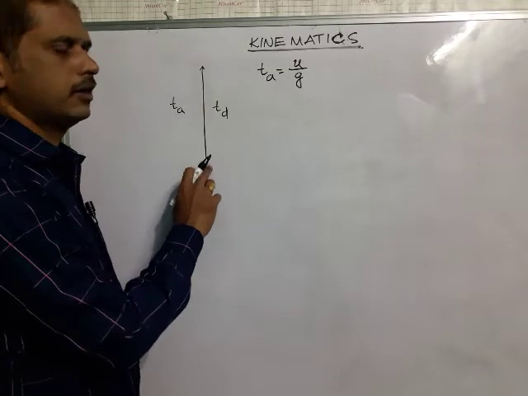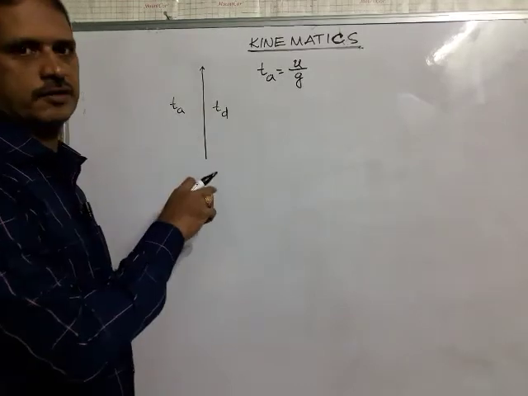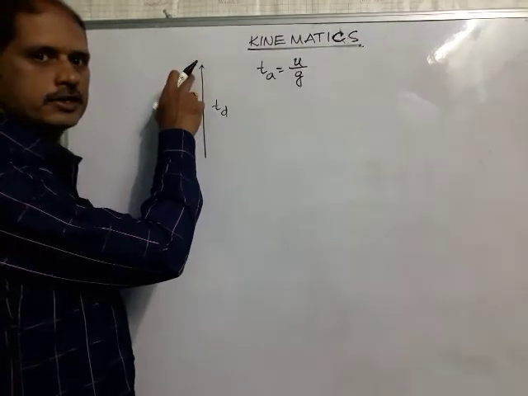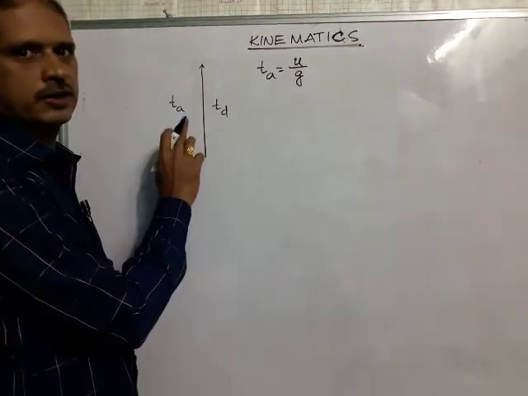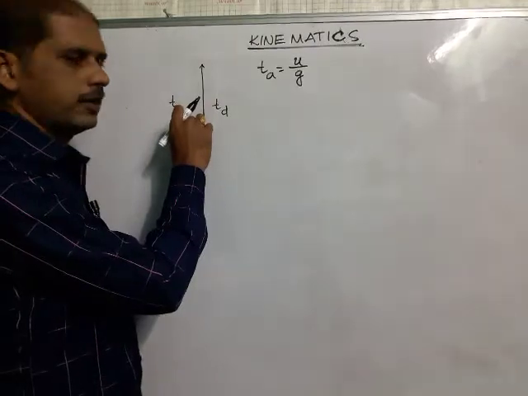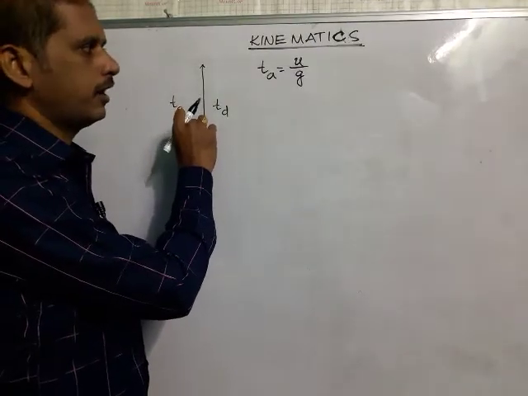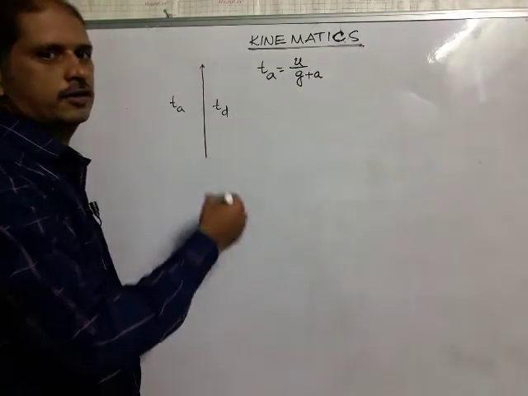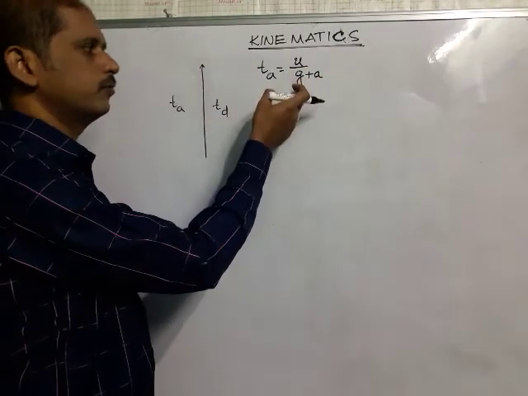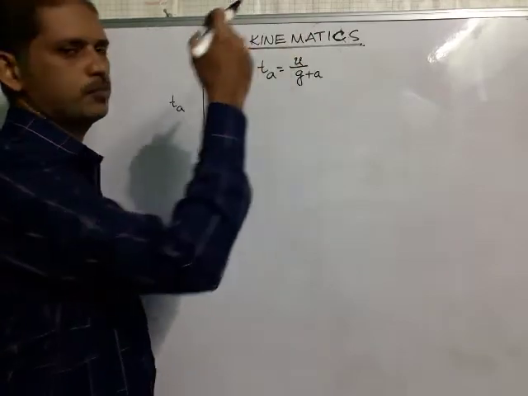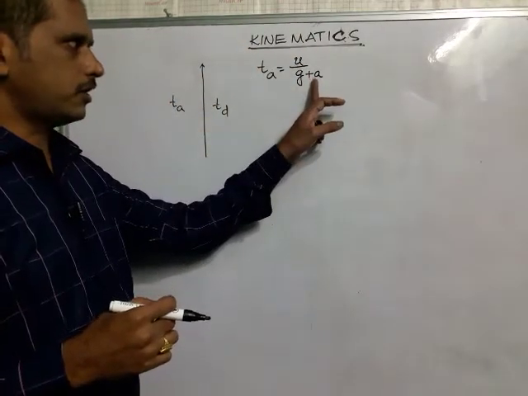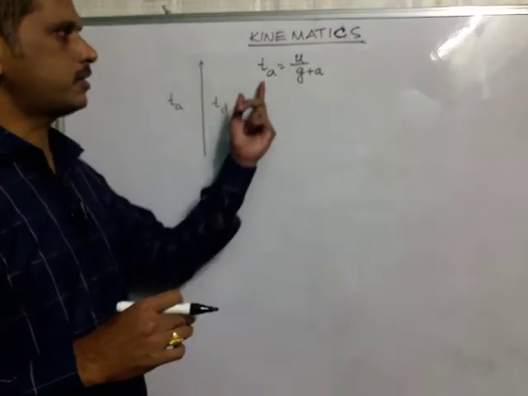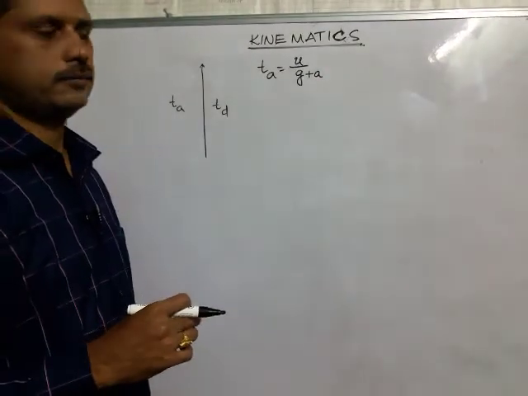If we consider the air resistance, when the body is moving upward, the air resistance is working in the opposite direction, so we have to add acceleration a to the acceleration due to gravity. So the time of ascent because of air resistance is u by g plus a. If air resistance is not considered, the time of ascent is u by g only. So when air resistance is considered, you have to add a here.